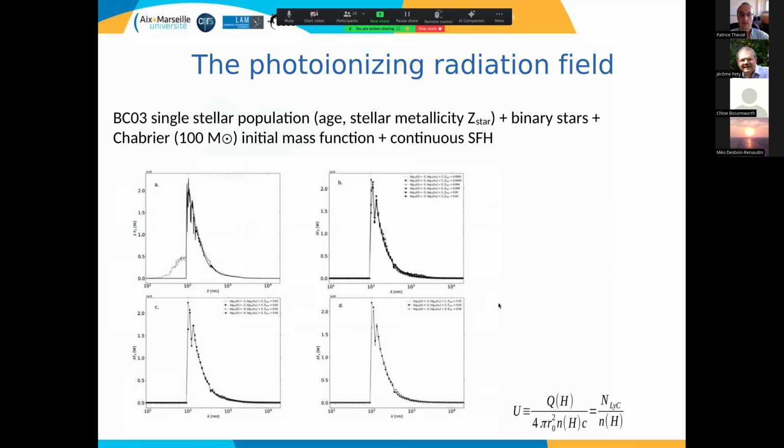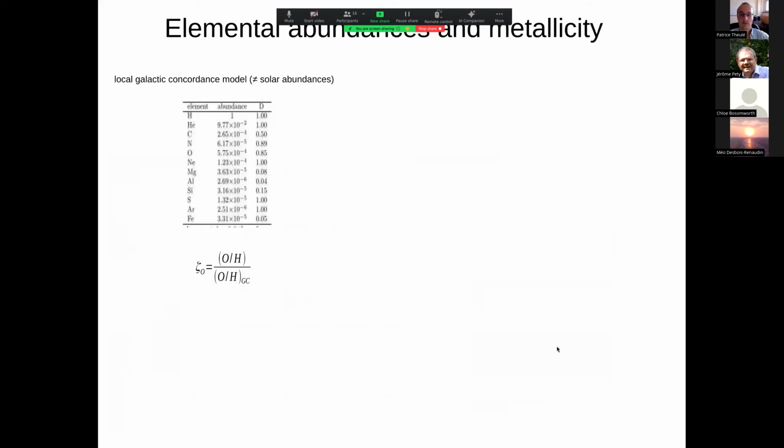So the photoionization radiation field has a shape which depends on the single stellar population, which depends on the initial mass function, the star formation history, and the amount of binary stars. And the intensity is given by the number of Lyman photons. To model the ISM, we will use the local galactic concordance model.